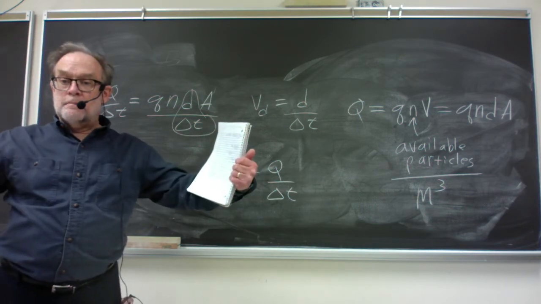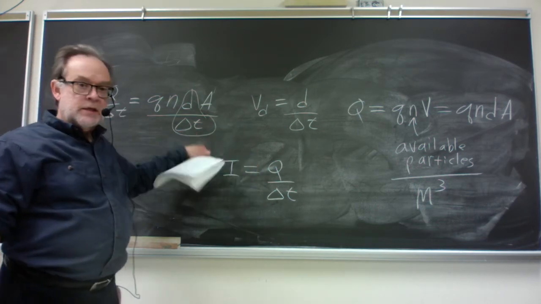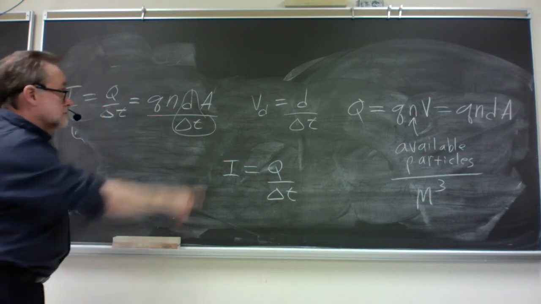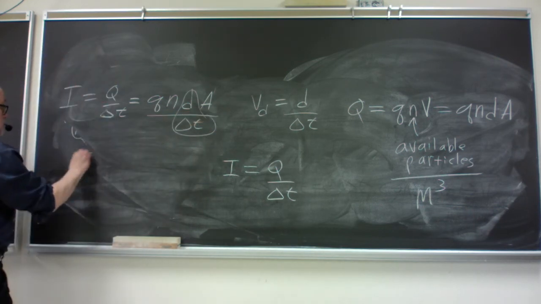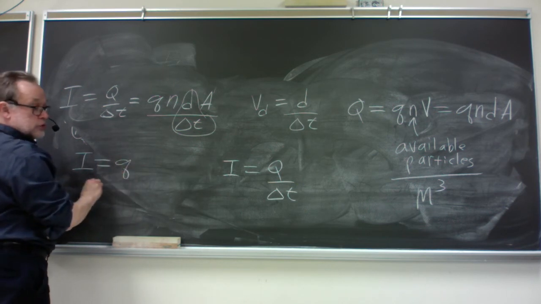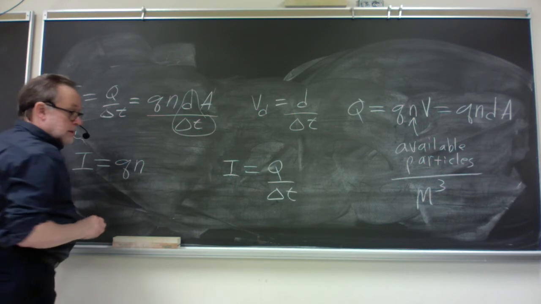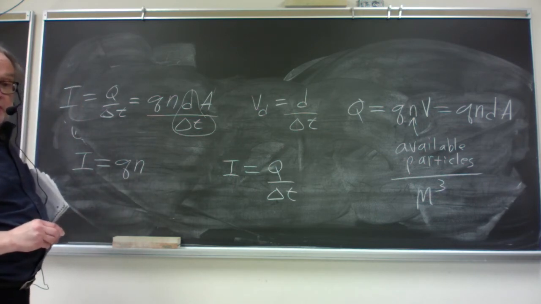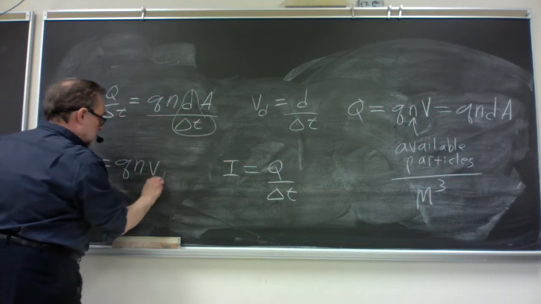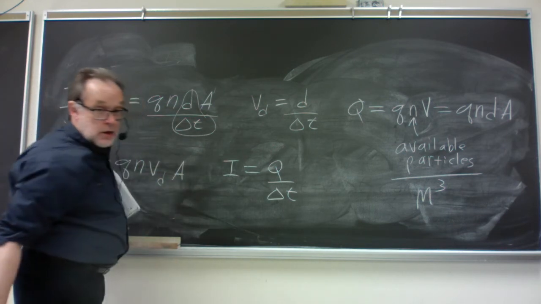Length of the wire divided by delta t is just the drift velocity. So the current in that wire is just charge per particle, times density of particles available to become part of the current, times drift velocity, times area.